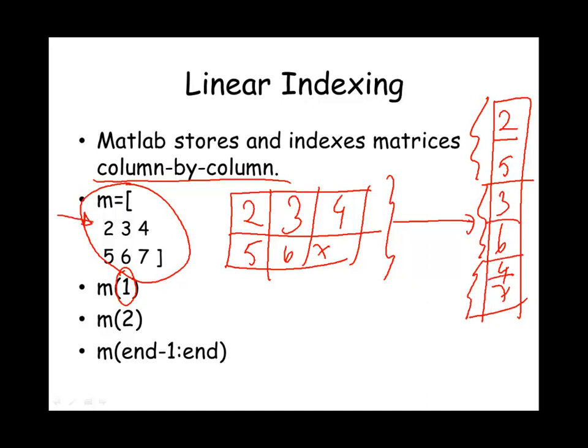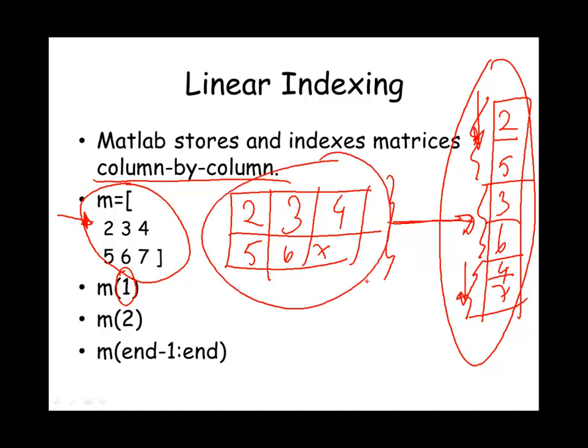So the way that you write this matrix in the command window might be misleading. When MATLAB represents it in memory, it will represent it column by column, starting from the first column all the way to the last column. And then using this representation, you essentially have a column vector.